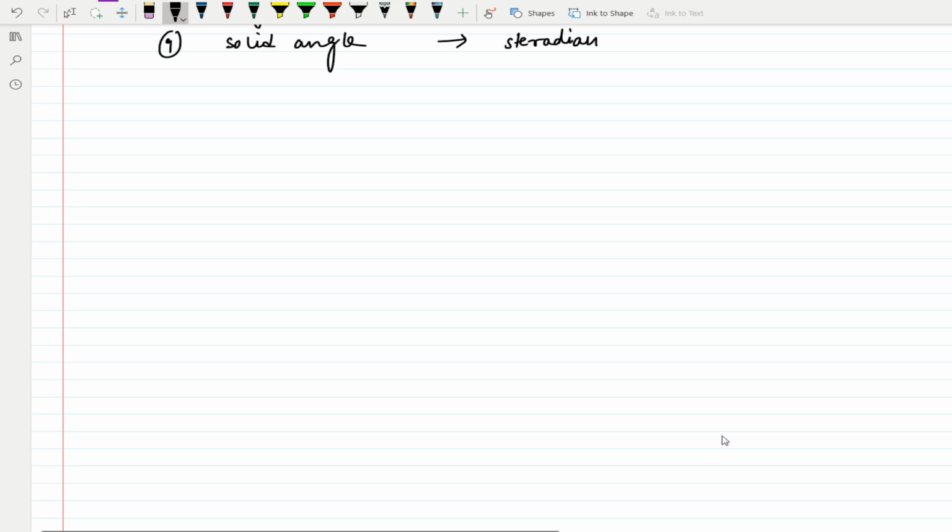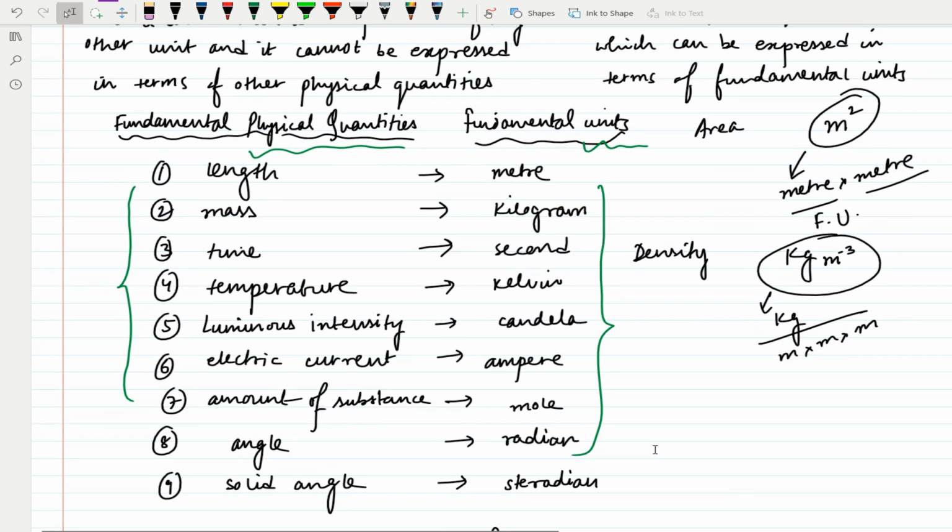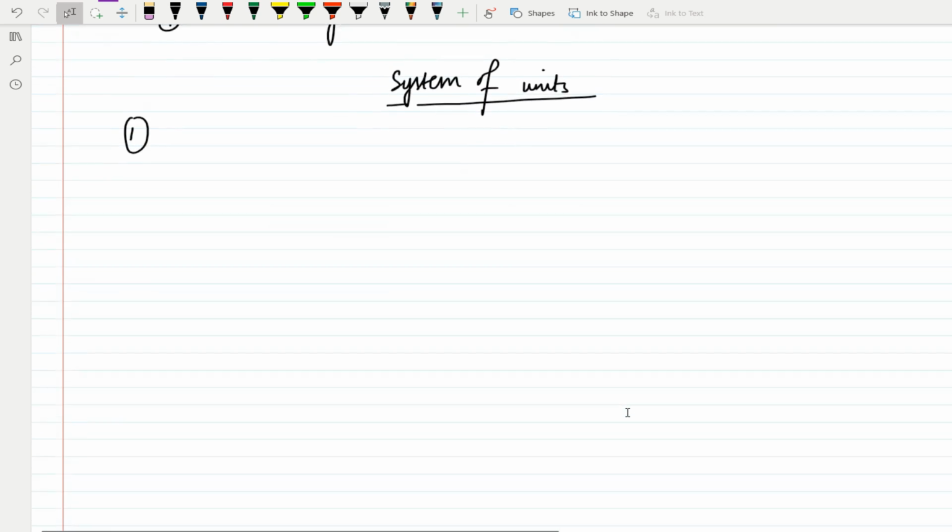Okay, our next topic of discussion is the different systems of units. Now remember, out of the 9 fundamental quantities, the top three, length, mass and time, have been assigned different units based on the places where they have been used.